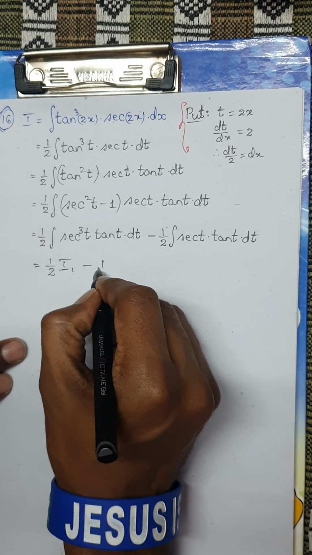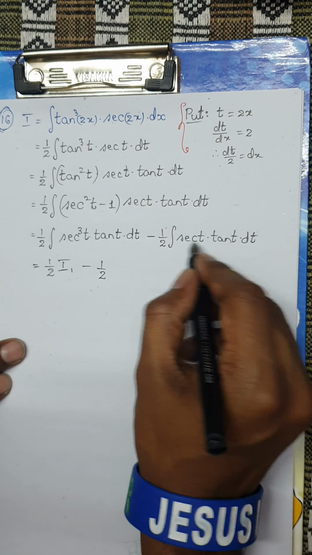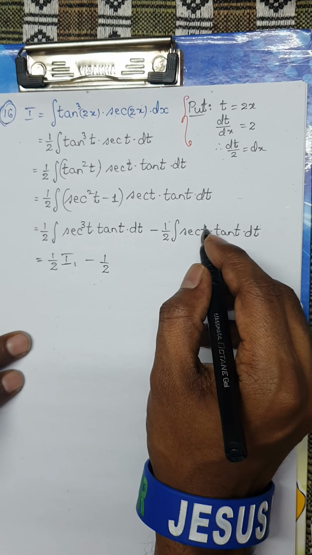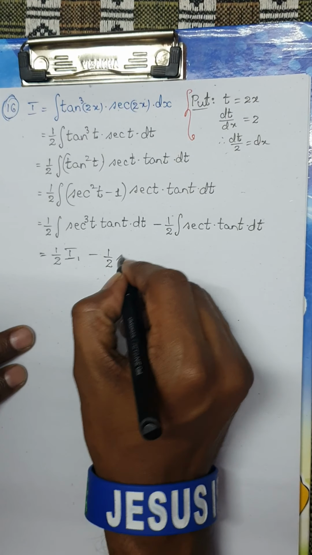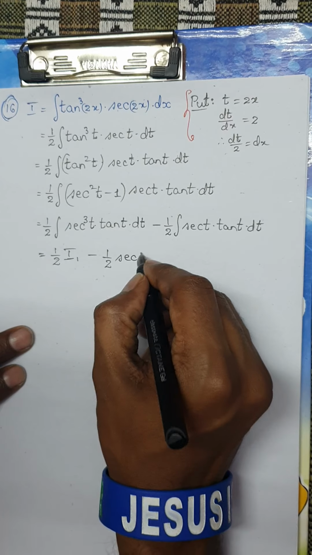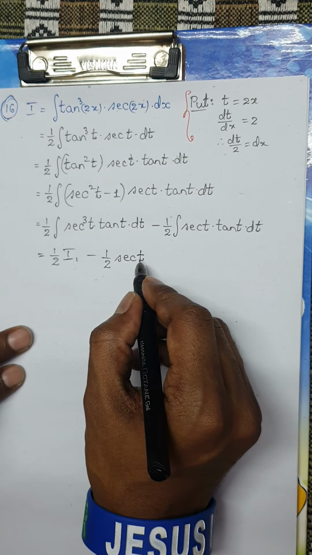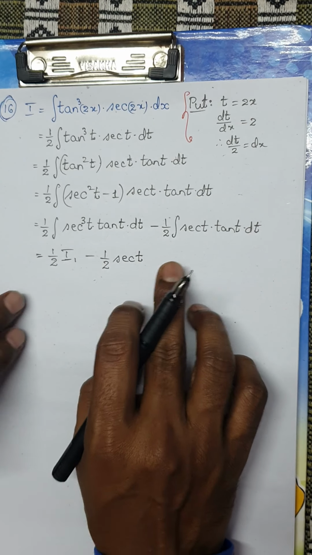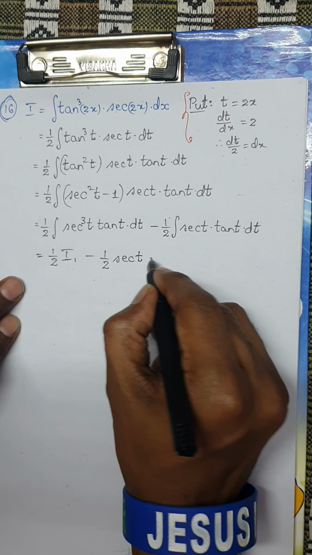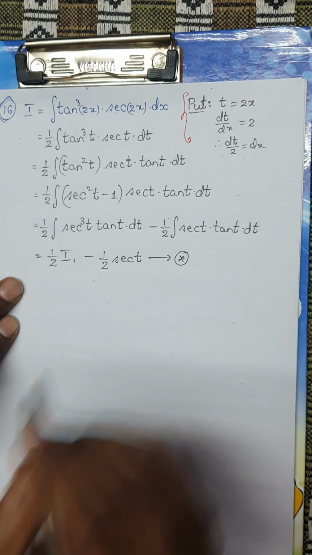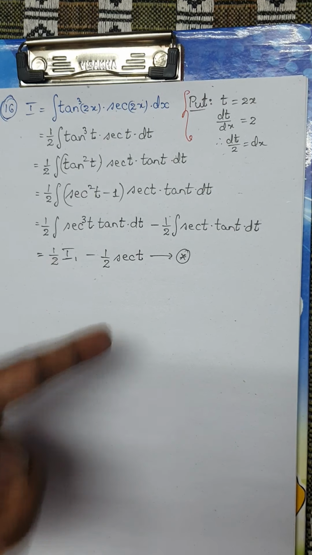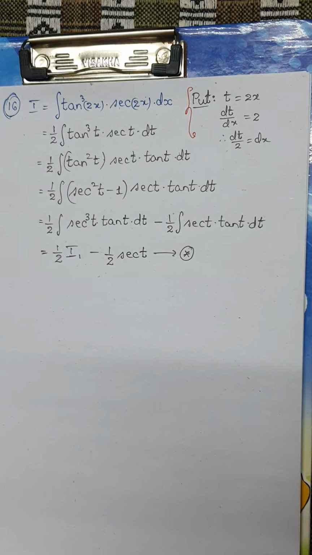Minus half into, this is the standard integral. What is the integral of secant into tan? We know the integral of secant into tan is secant t here, because it is integrated in terms of t. So secant t, we would write the constant plus c in the last step. Let me keep it as equation star here, because I have to first find this integral separately and then get back and find the answer.